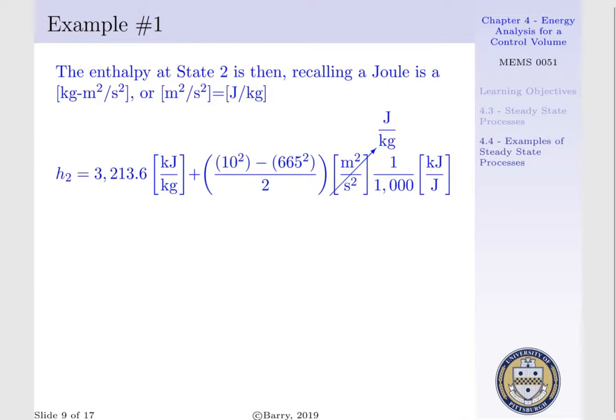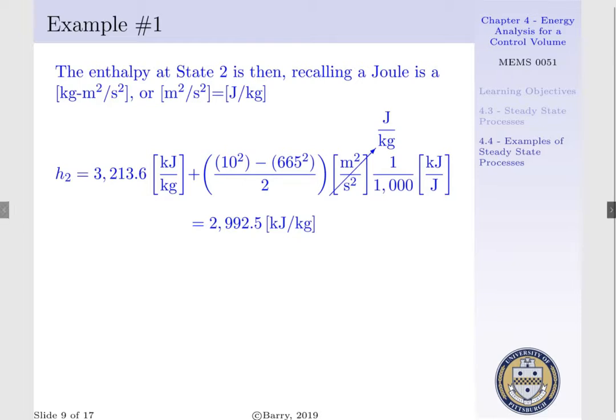Inserting those quantities in for V1 squared minus V2 squared over 2, recalling we have to convert our meter squared per second squared to kilojoules per kg, we make the following substitution and solve for enthalpy at state 2, which is 2,992.5 kilojoules per kg.